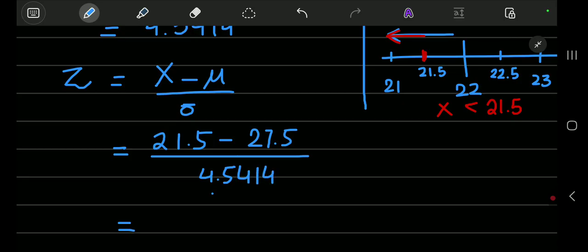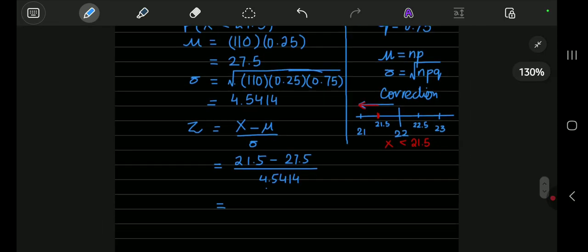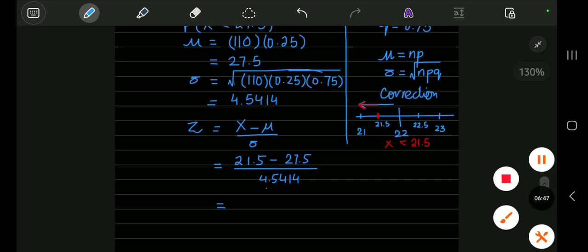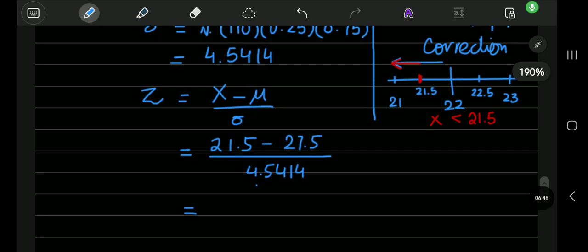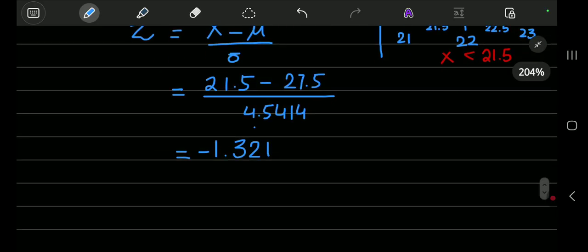So that will give you minus 1.321. Okay, z value will always be taken up to 3 decimal places. So that means we need to find the probability that x is less than minus 1.321.